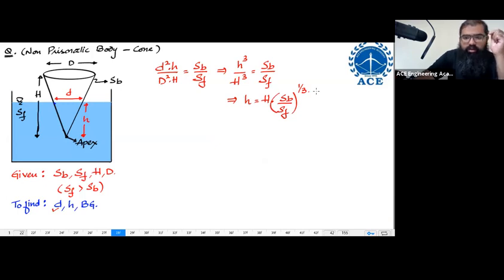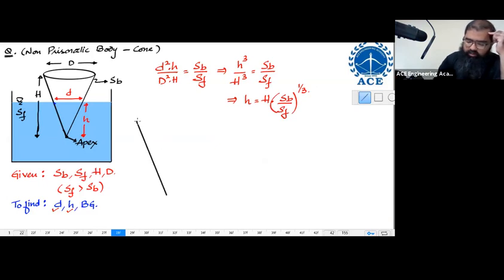Now we have got the value of small h also. Coming to the concept of BG, let me draw a cone over here.